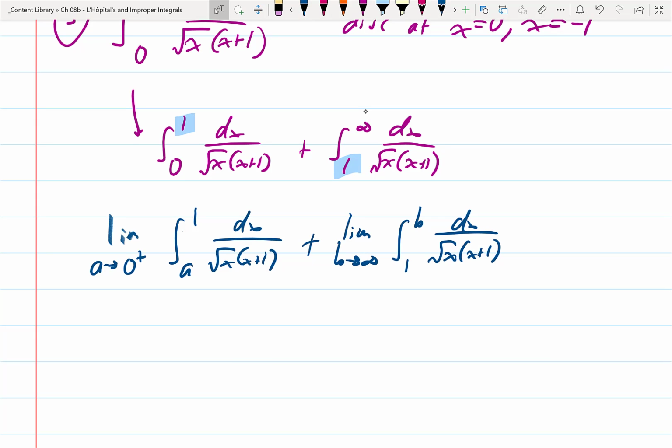Okay, then you actually do have to try to figure out how do you evaluate this integral. Any thoughts?